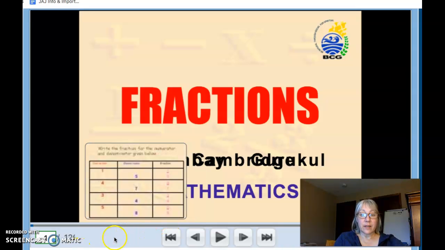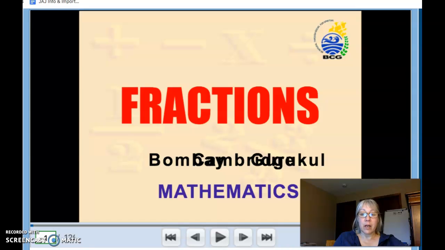Okay, this is our first lesson on fractions. We're going to begin by talking about what fractions are, how you read them, and what they mean.